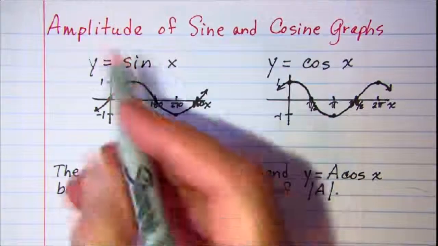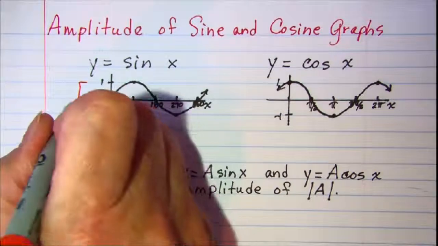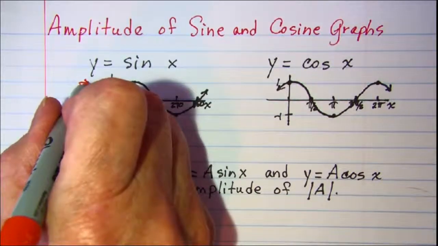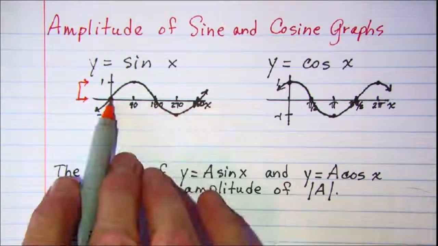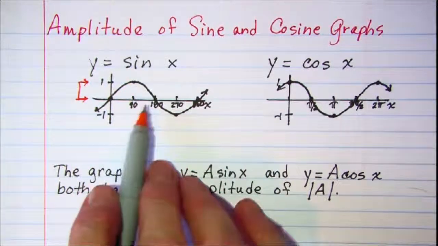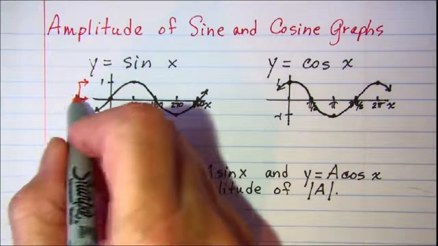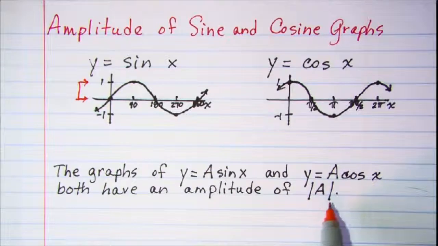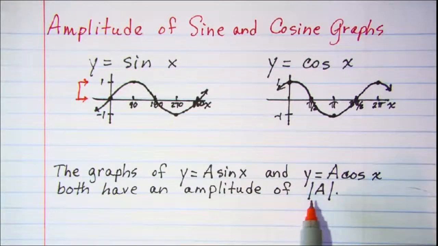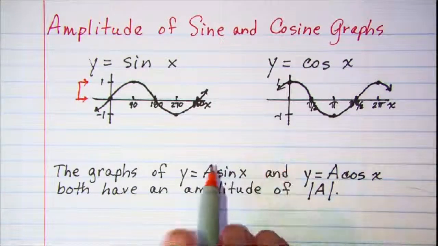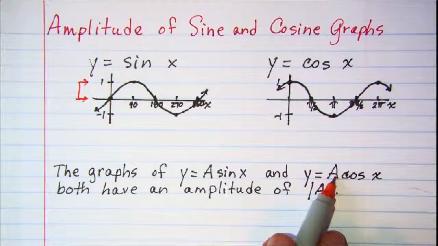Now the amplitude represents the measurement from the center line of the curve to the maximum, or from the center line to the minimum. Since this is absolute value, when you talk about amplitude, you'll always talk about a positive number. But we could have a negative coefficient in front here, and we'll look at how that affects the graph as well.